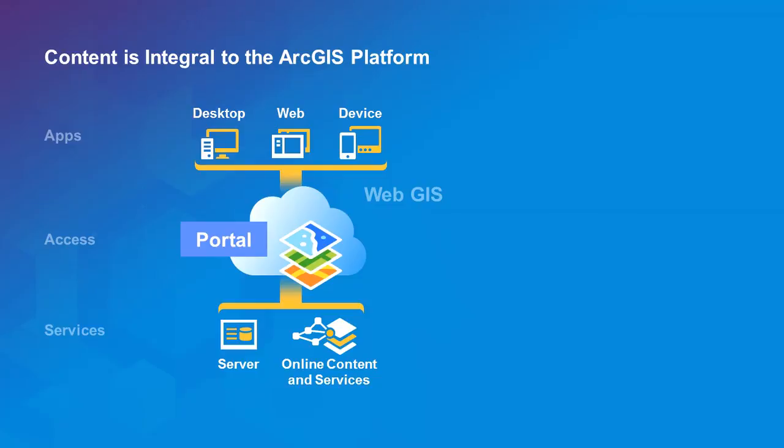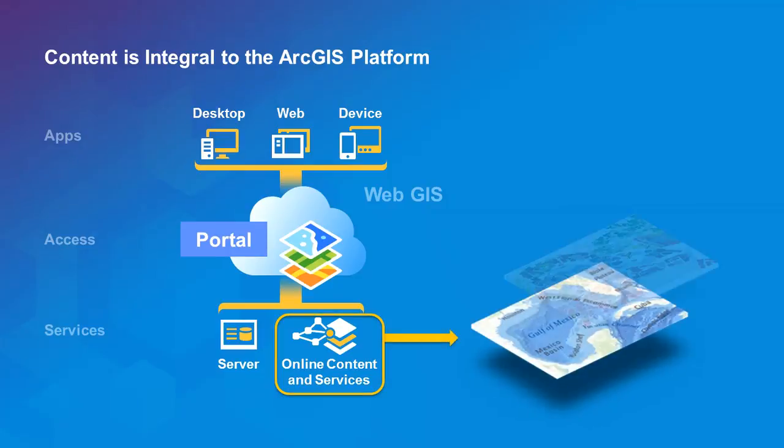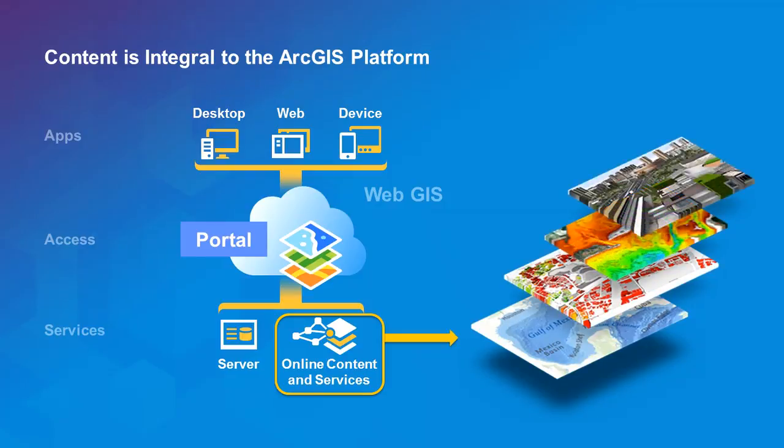So I like to start typically with this slide, which I'm sure most of you have seen multiple times, about the platform, but just kind of point out the part of the platform that we're really focused on in this session. So that's really having to do with the online content and services. So if you're an ArcGIS user, you're using one of our apps like Desktop, Pro, ArcMap, or ArcGIS Online, or some of our native device apps like Collector or Explorer or Navigator, you can access content from online or via a portal.